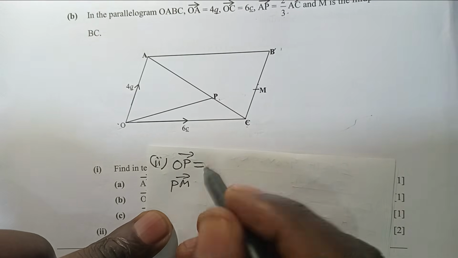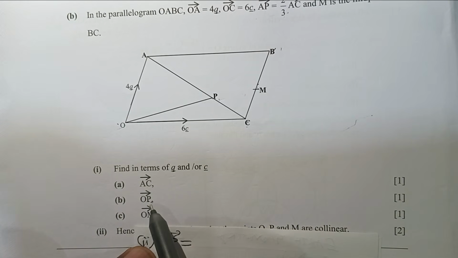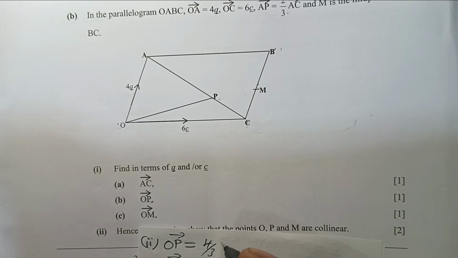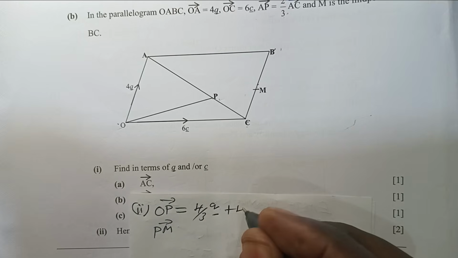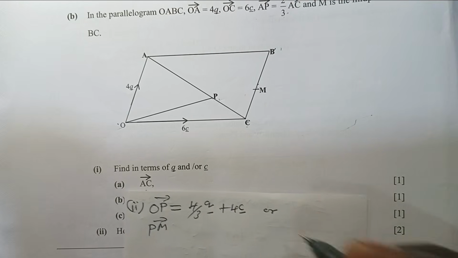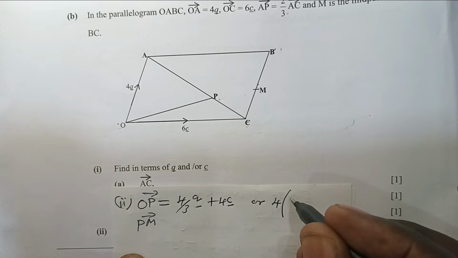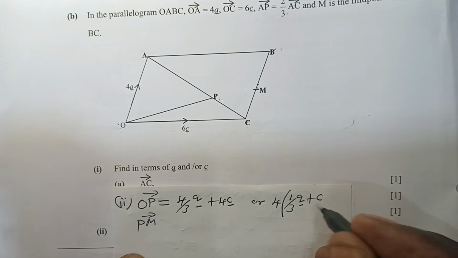For OP, we've already dealt with it in the second part of our calculation. So we have OP equal to 4 over 3 Q underbar plus 4C underbar, which is the same as, when we factor out the 4, 4 times (1 over 3 Q underbar plus C underbar).